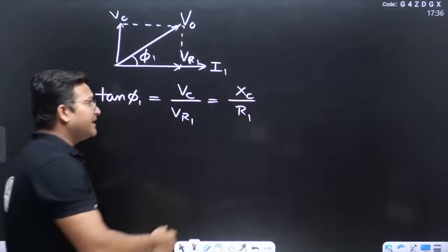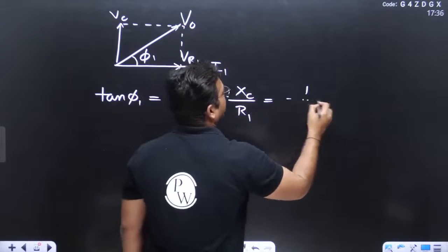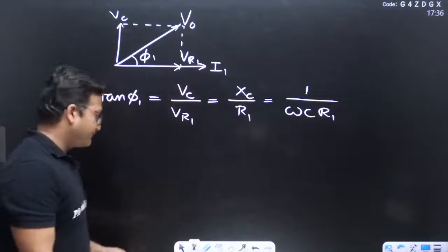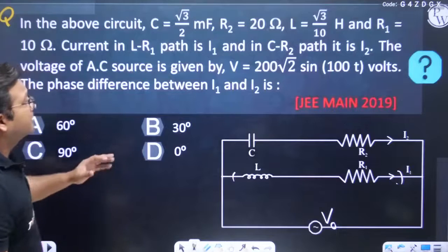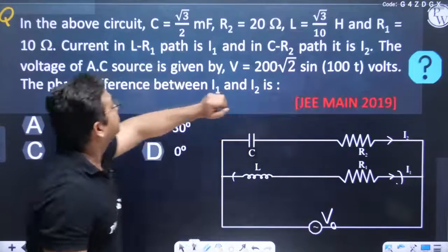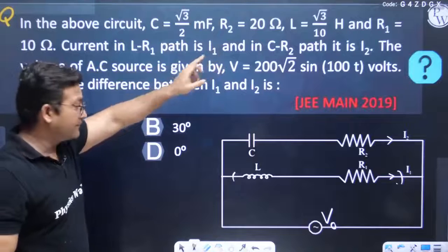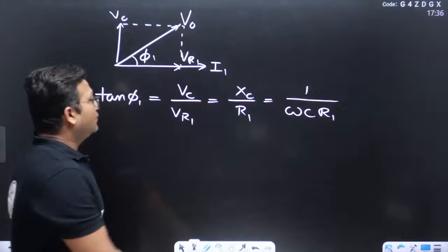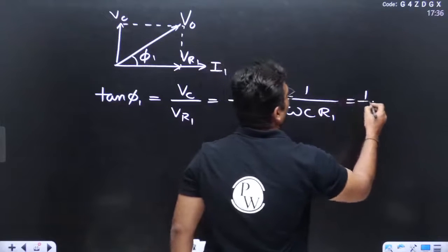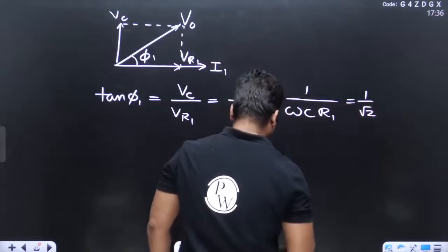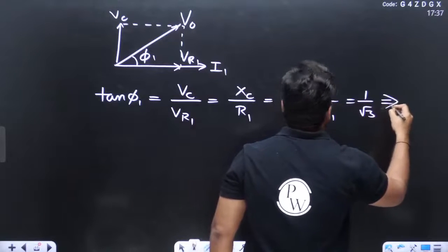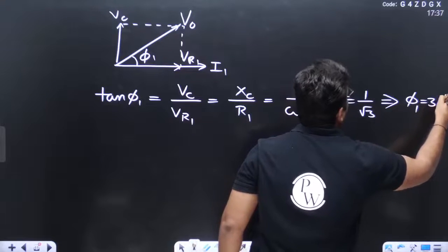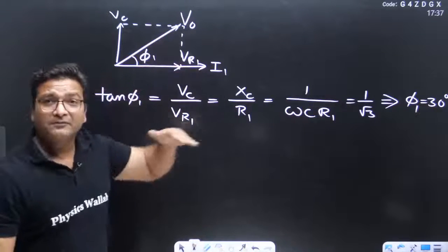XL can be written as omega L over R1, and let us put the value. If we put omega as 100, and so on, you get this value equal to 1 over root 3 actually, and this says phi 1 is 30 degrees. So I1 lags V0 by an angle of 30 degrees.